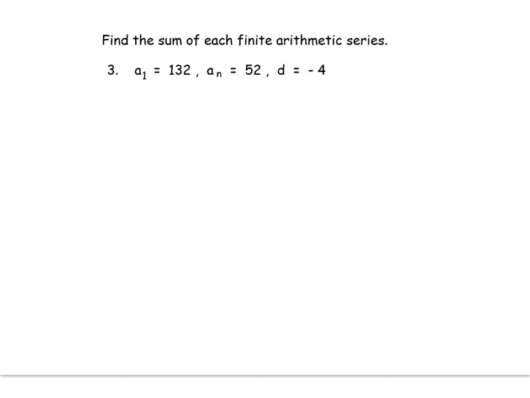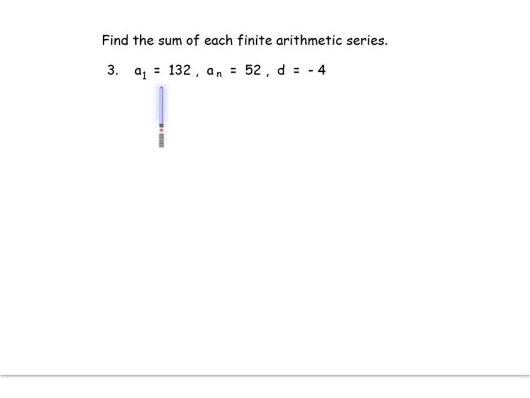This next example is one that gives you a bit of information, but it's got a different piece missing. This time I know A1 and I know AN and I know the common difference. But what did they not give us this time? There's a different piece missing.